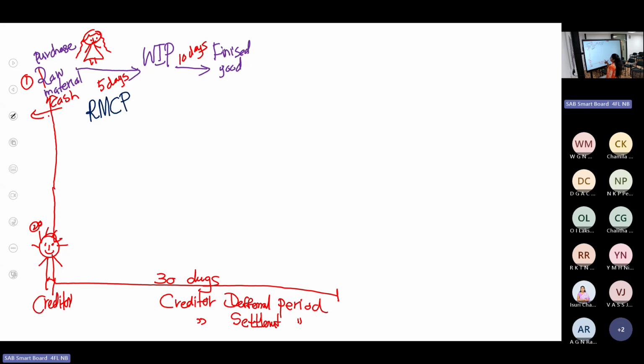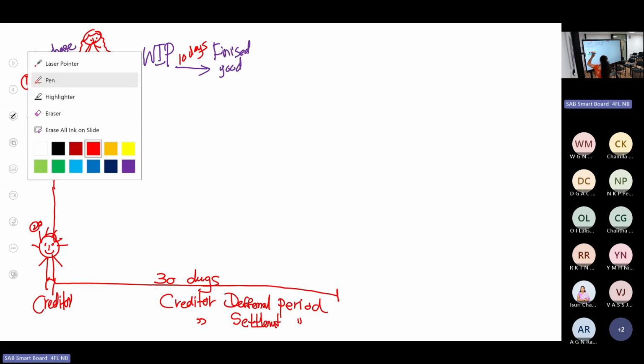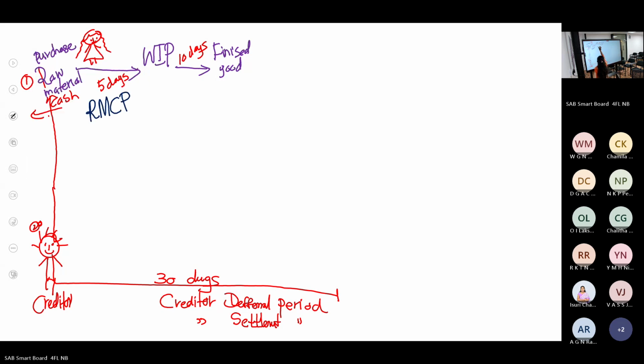We call this time period the work in progress conversion period. How many days? 10 days.